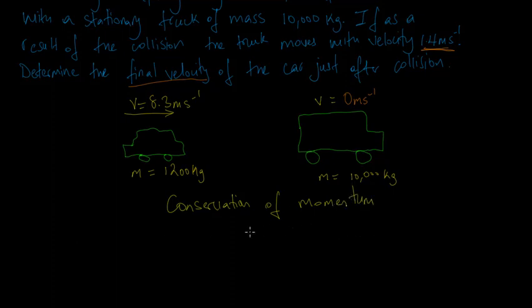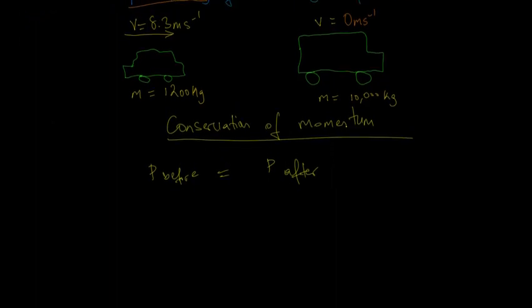Now we know that momentum is the mass times the object's velocity, and the principle of conservation of momentum tells us that momentum, let's call momentum P, before for a system is equal to the momentum after in that system.